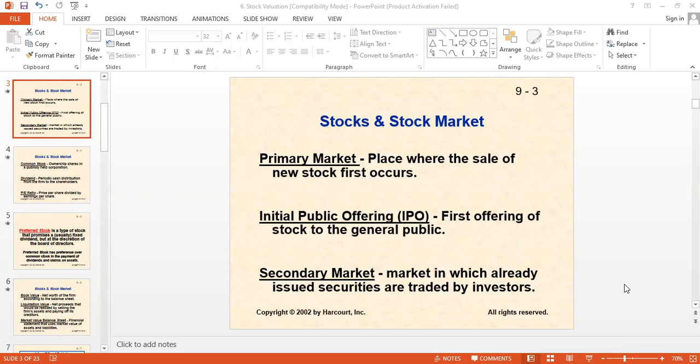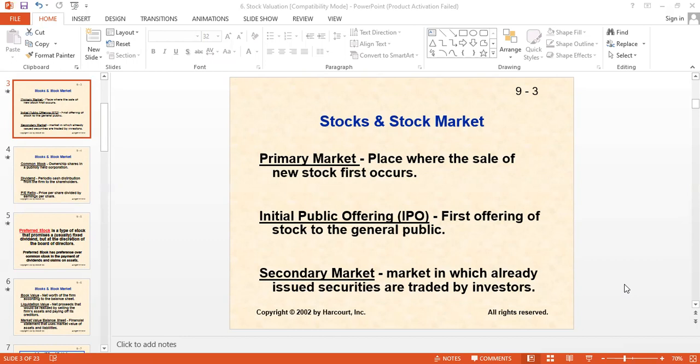All right. Another thing mentioned in this slide, in between these two markets, is the IPO. I stands for initial, P stands for public, and O stands for offering. IPO means initial public offering. It is mentioned as the first offering of stock to the general public. We just discussed the primary market, where stocks are sold for the first time.